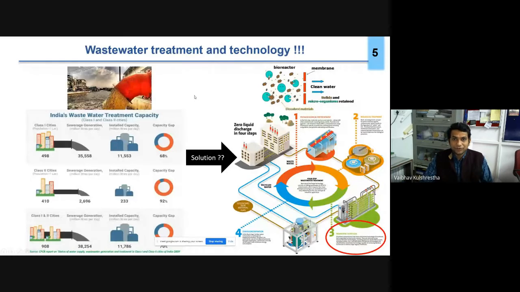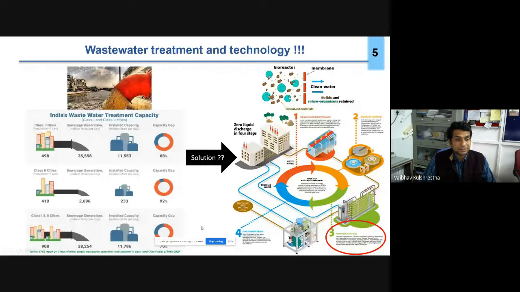There are different water treatment technologies available. You can see in India there are two types of cities: class 1 and class 2, where the population is higher than 1 lakh and less than 1 lakh. 498 cities are class 1 cities and 410 cities are class 2 cities.